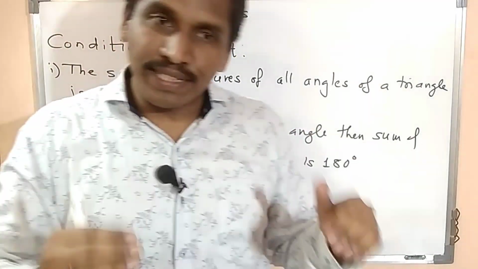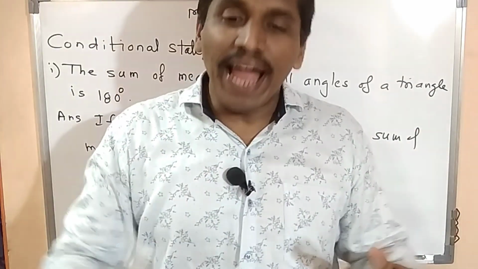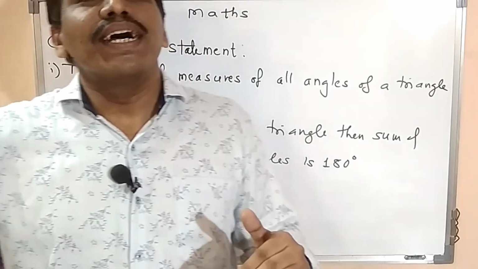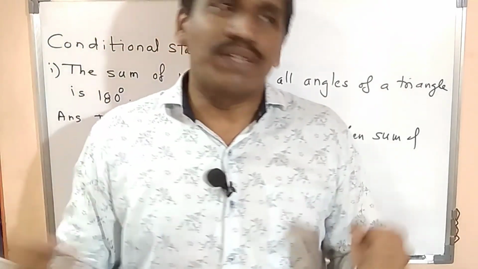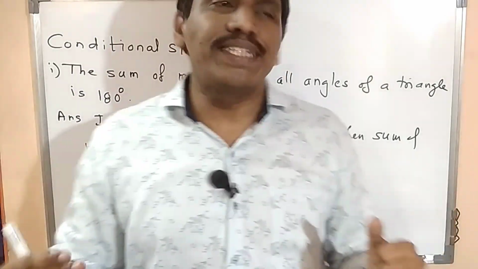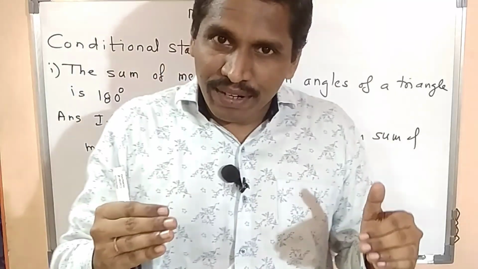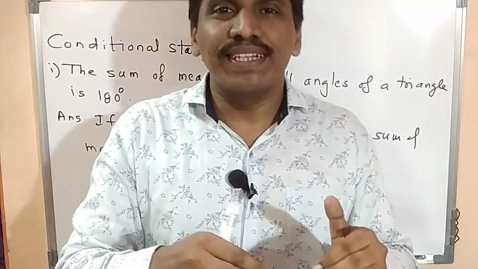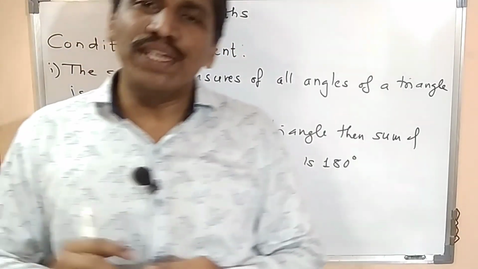So we'll write it as, if two parallel lines and transversal are given, then corresponding angles are congruent. Third one, diagonals of kite are perpendicular to each other. If quadrilateral is a kite, then its diagonals are perpendicular to each other.